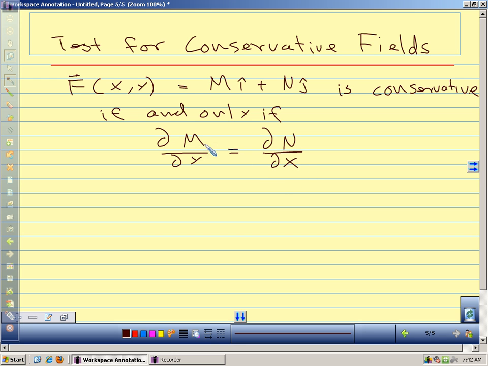And M and N have to have continuous first partials in an open disk. So we're looking at well-behaved functions here.